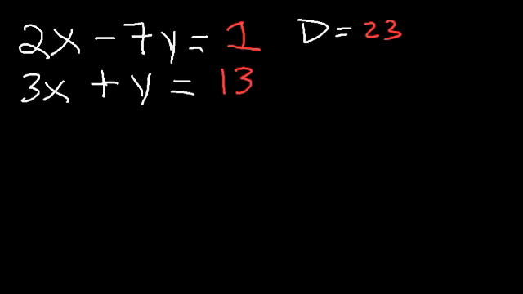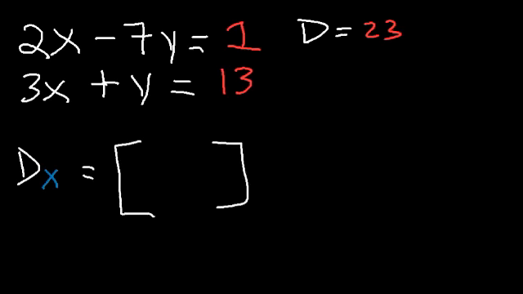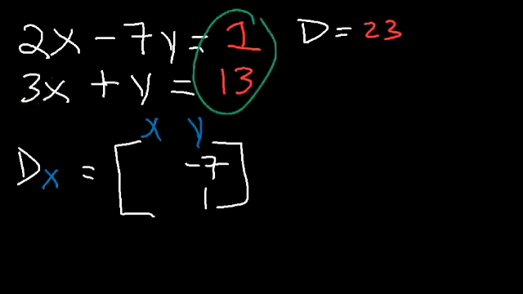Now let's calculate dx. So the determinant for dx as a 2 by 2 matrix, we're going to set it up in a similar way. So the y coefficients are negative 7 and 1. But instead of writing the coefficients for x, if you're looking for dx, replace those coefficients with c1 and c2.